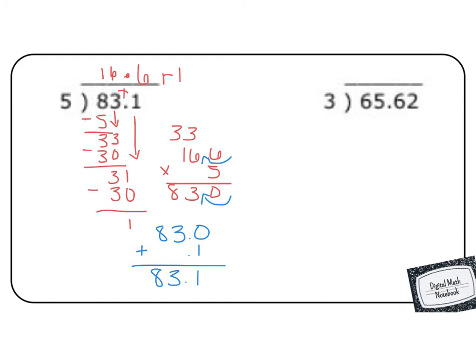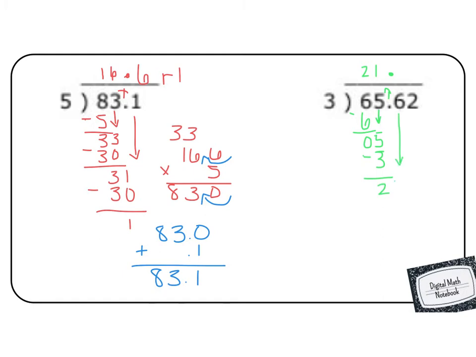Let's try with our next problem. Remember, the very first thing we're going to do is put that decimal on an elevator straight up. Now we're going to divide just like normal. 3 goes into 6 2 times, which is 6. Subtract, nothing left over. Bring down the 5. 3 goes into 5 one time, which is 3. Subtract, and we're left over with 2.